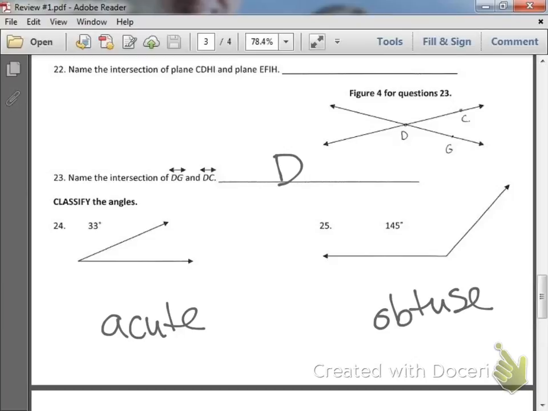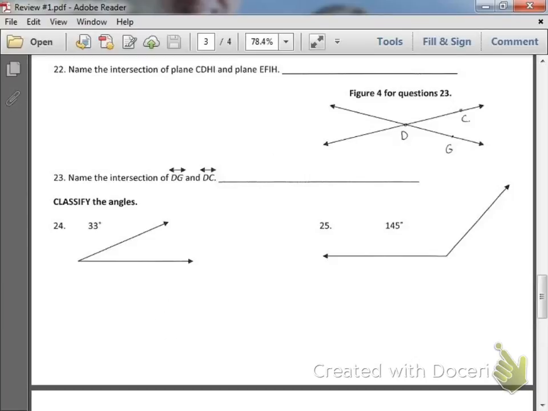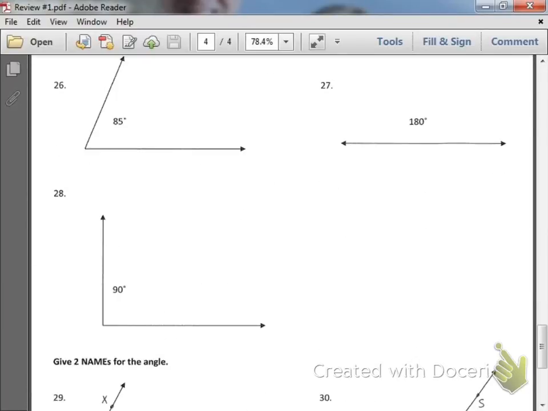Alright, one more page. Alright, how would you classify 26? It's less than 90, so I would call it acute, good.